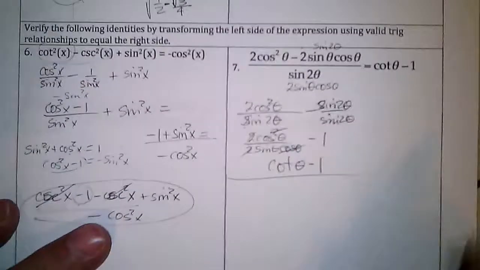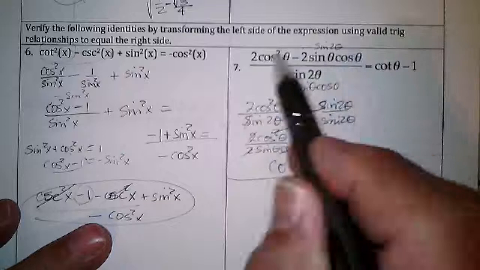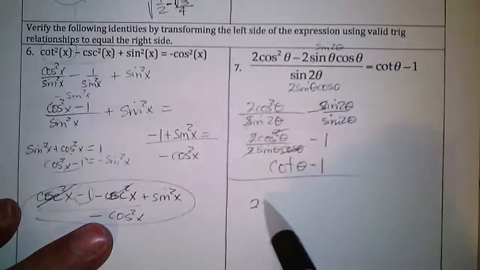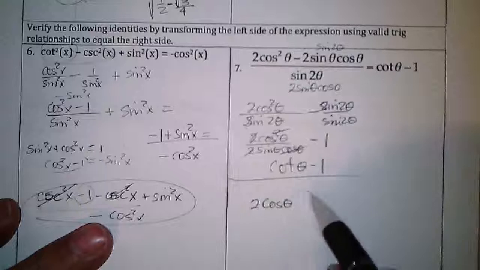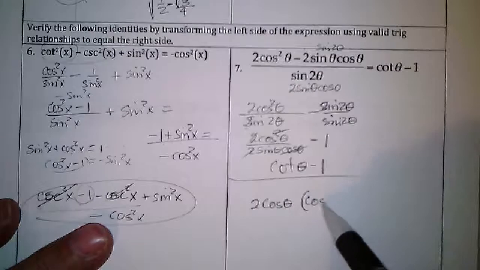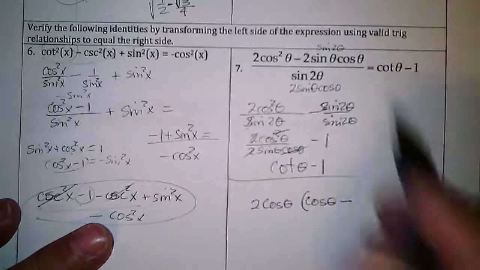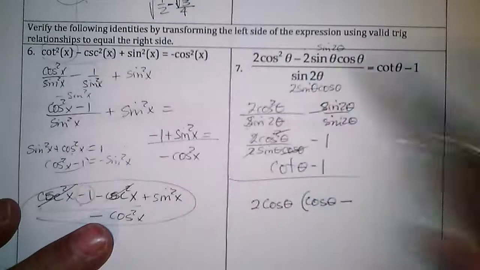Others factored out a cosine in both of these, and the 2's, and had 2 cosine theta times cosine theta minus sine theta.